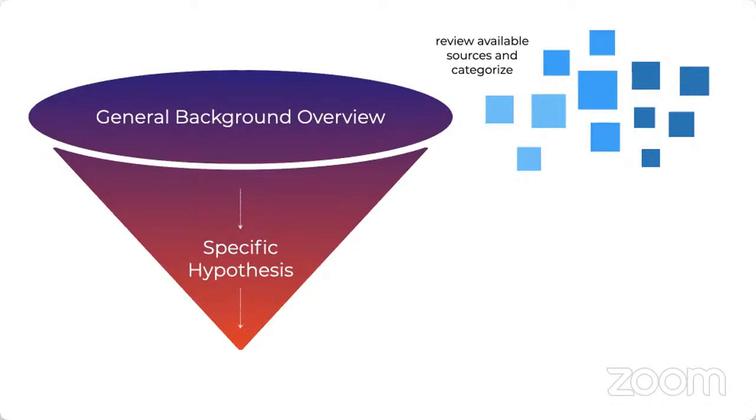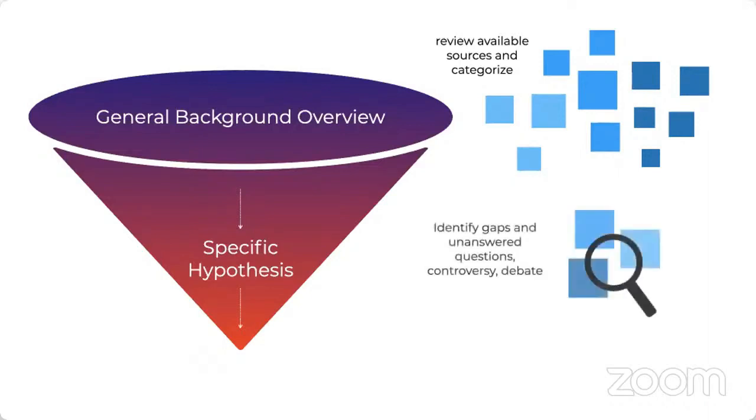And once you have a thorough meta-analysis done on the reviews or publications available for, let's say, the last 2 or 5 years, then for your topic, you can identify the unanswered questions, the gaps, and also some of the debates and controversies which are left unanswered in this topic.